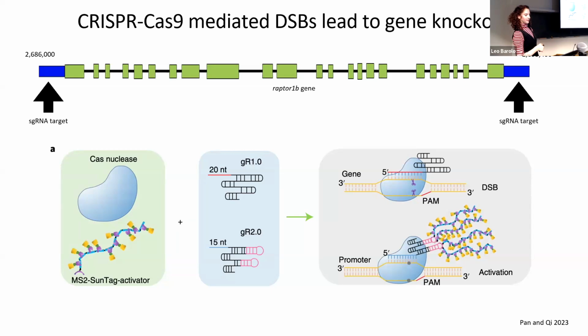So on the top here, if you use this particular 20 nucleotide protospacer, it leads to double-stranded breaks, just like a normal CRISPR system.